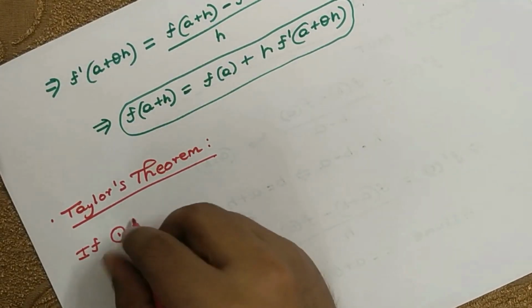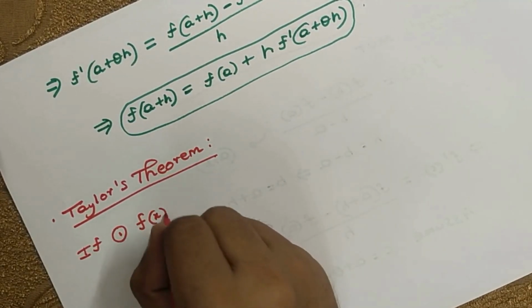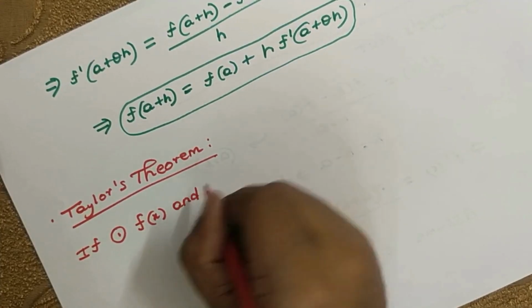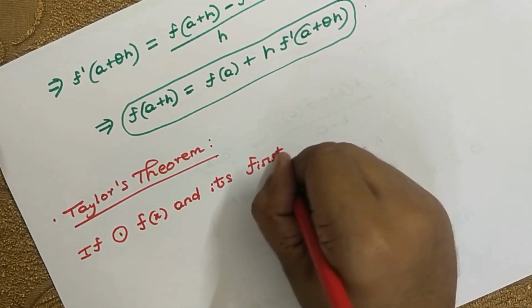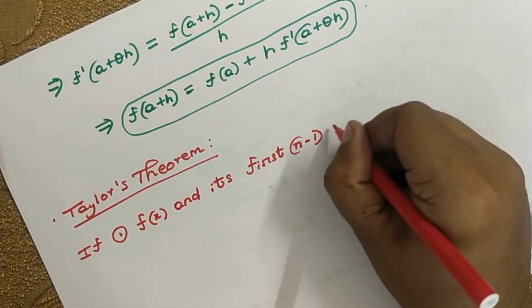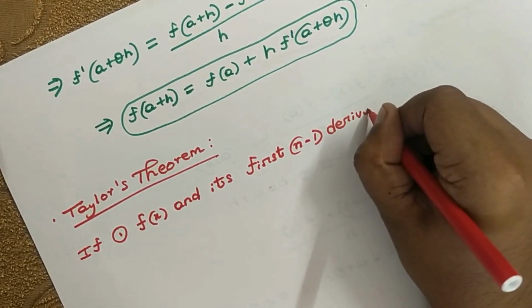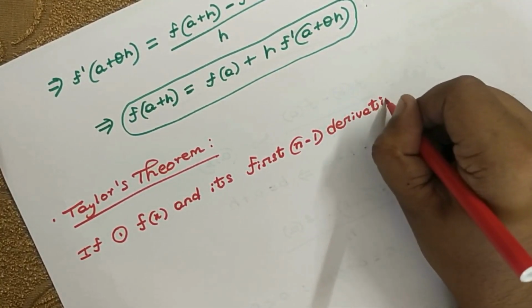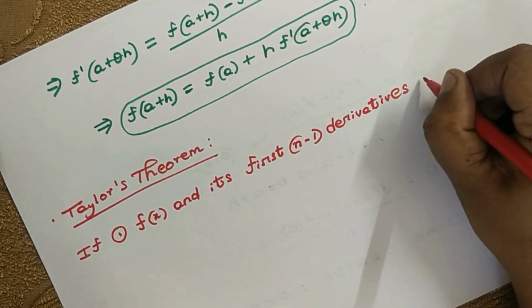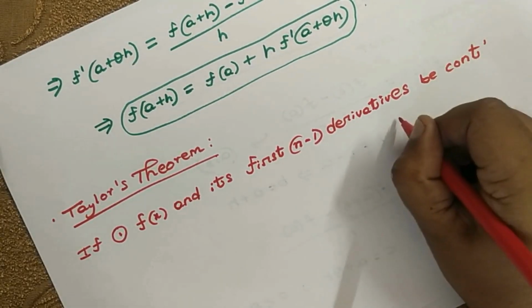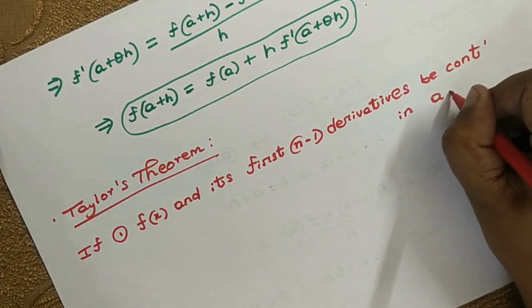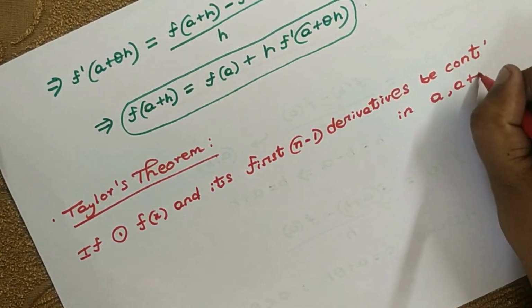The first condition is that f of x and its first n minus 1 derivatives must be continuous in the range a comma b, in the sense a comma a plus h.